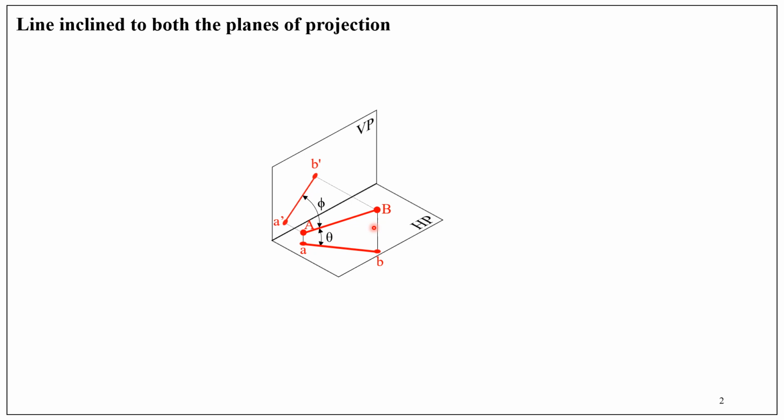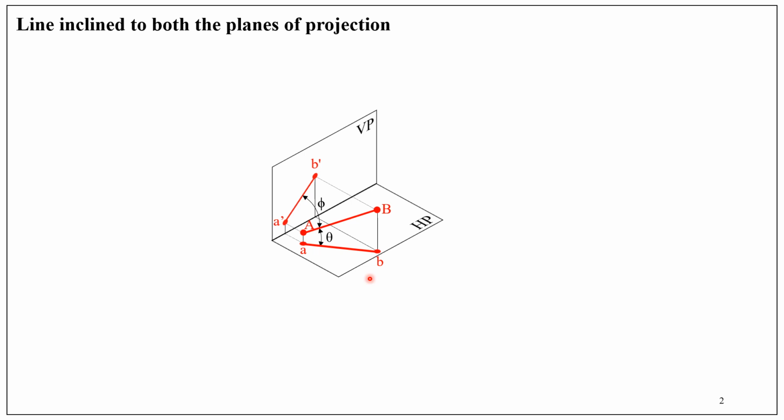We know A dash and A lie in the same straight line, and similarly B dash and B lie in the same straight line. So this we can imagine, but without knowing A dash B dash length and AB length.